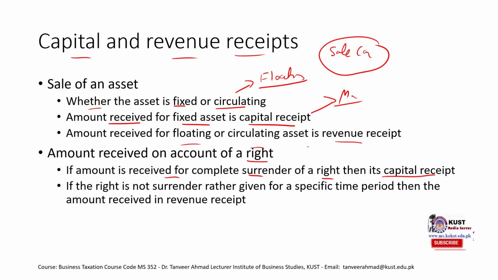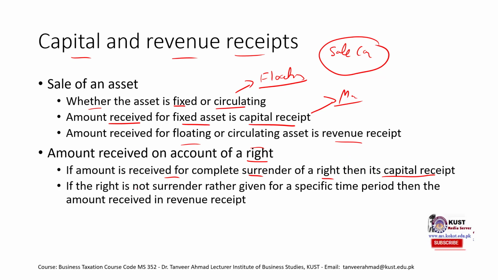So I sold my book, or I sold my movie that I produced, or the software that I made. I completely surrendered the rights. That means the new owner has the rights, and I would not claim any further amounts or authority on that intellectual asset. Then the amount received would be a capital receipt.